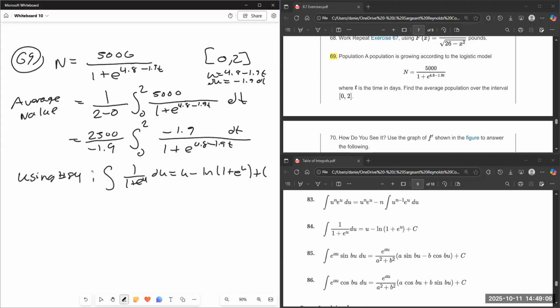So I have this multiplier of 2,500 over negative 1.9, and then times u, which is 4.8 minus 1.9 t, minus ln of 1 plus e to the 4.8 minus 1.9 t, plus c. That's my capital F of t there.